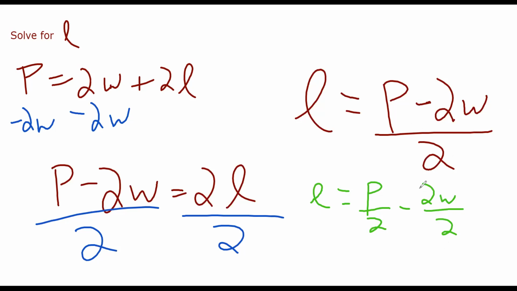The reason I did this is because these cancel out. And so you could say that your length is P over 2 minus just W. You could even say it's 1/2 times P minus W. Just multiply by the reciprocal, so to speak.